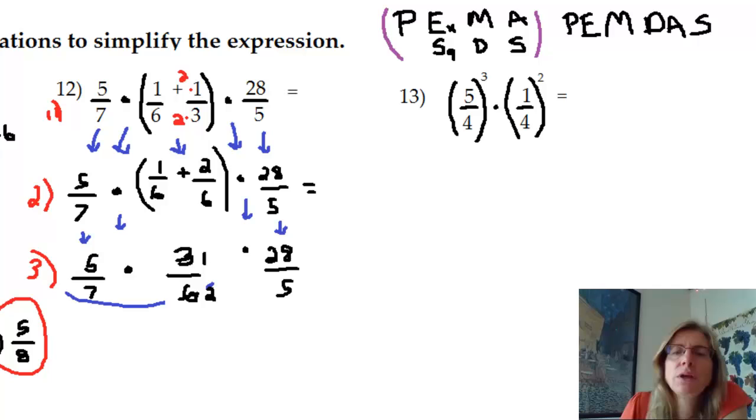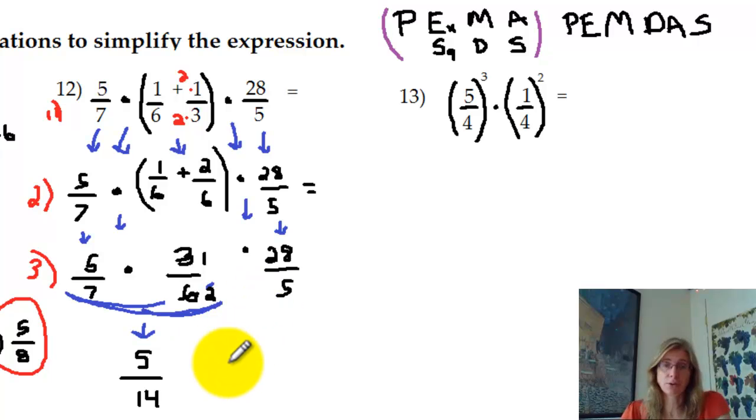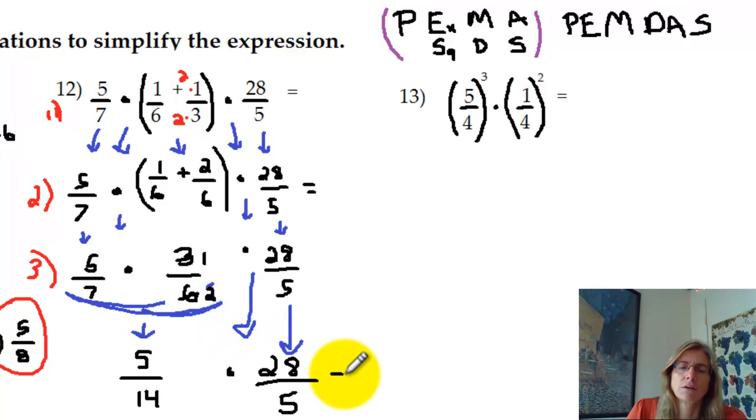So now when we are multiplying this overall thing to bring it down here, we don't have 5 times 3, but 5 times 1. So then we have 5, and then we have 7 times 2 over 14. Anything you can do to make your numbers smaller as you go is really ideal. And of course, we bring down the multiplication sign.